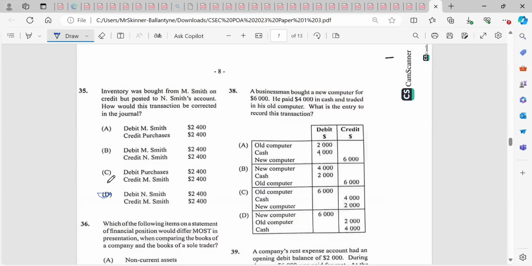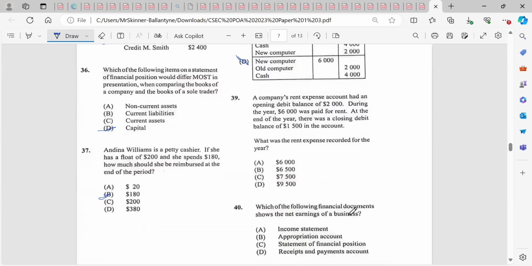You lost 2,000 in value of your old computer. So it's D.